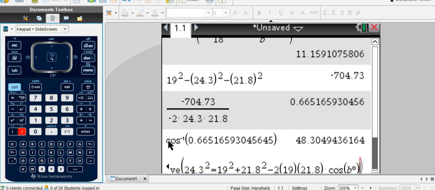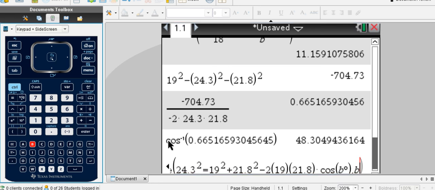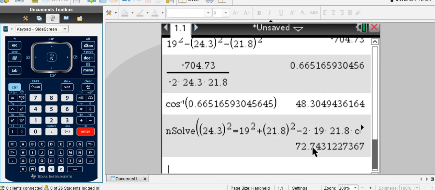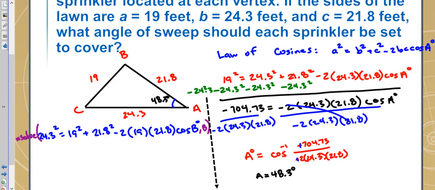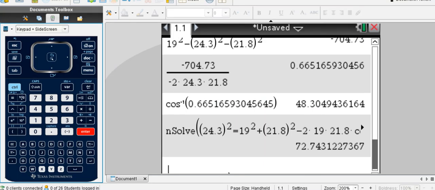Close my parentheses there, comma, B. And it tells me that it's 72.7 degrees. So we get here that angle B is 72.7 degrees. Let me check that one more time, make sure I don't make a mistake.